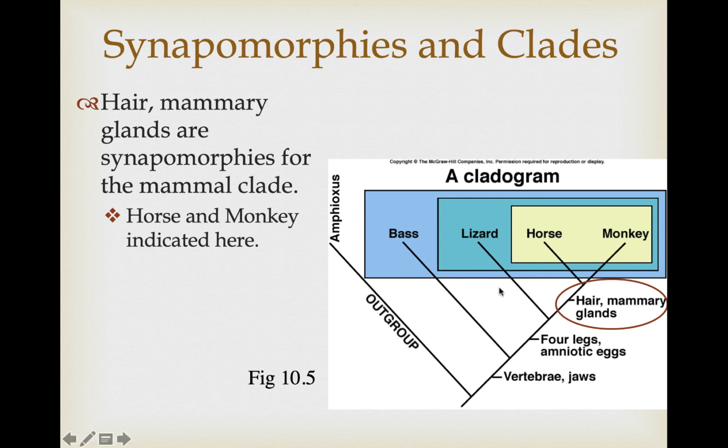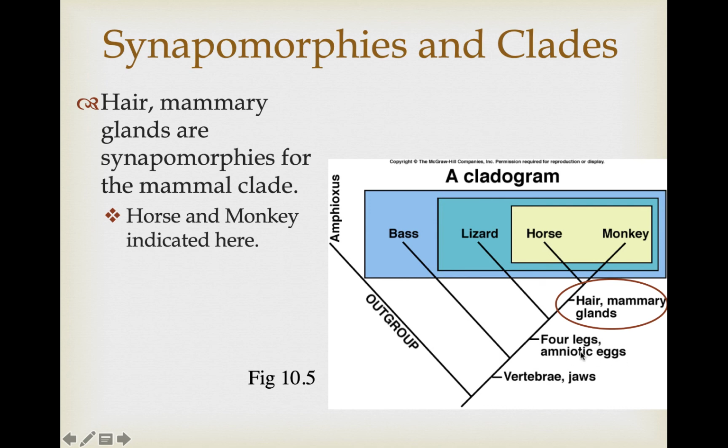All right, what about the other organisms? Are there traits that we can use to try to figure out how they're more closely related or distantly related to horses and monkeys? Well, a lizard has 4 legs and uses amniotic eggs in its reproduction, which is a big deal, as we'll see later in the semester. This is going to eventually tell you the answer to the old question, what came first, the chicken or the egg? And I'm telling you right now, it's the egg.